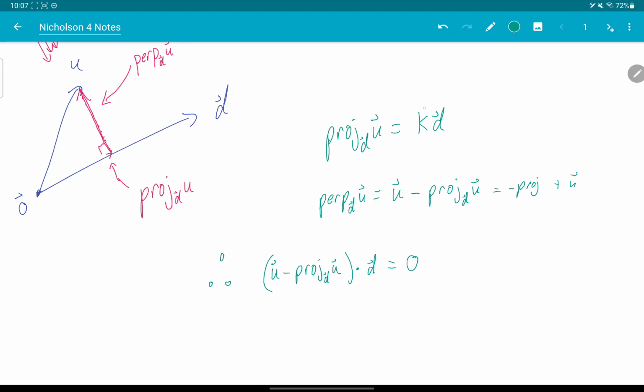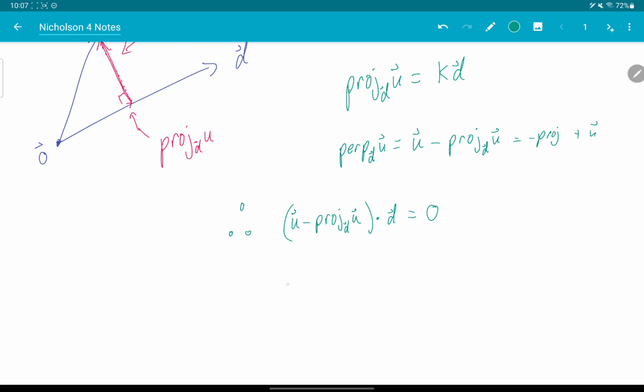Okay, now we're going to notice that the projection is some multiple of D. So I get U minus, and this is going to be replaced with KD. And then if I expand this, I promise this is going somewhere.